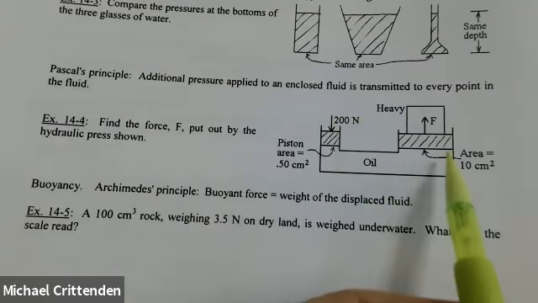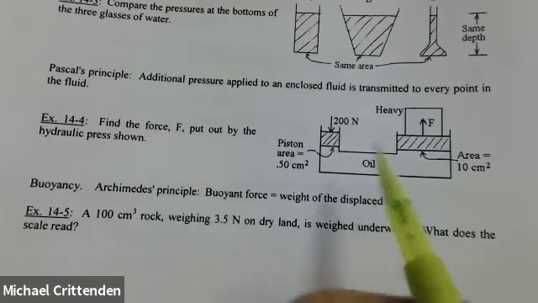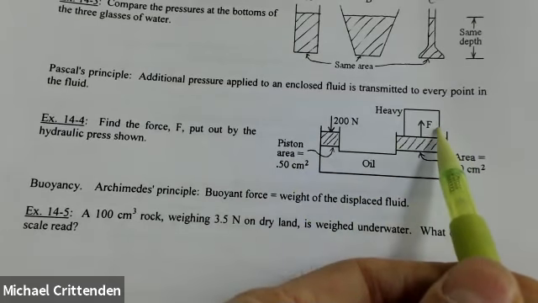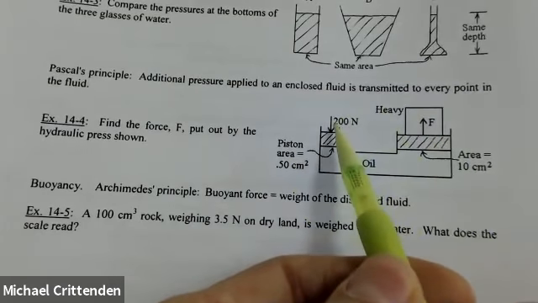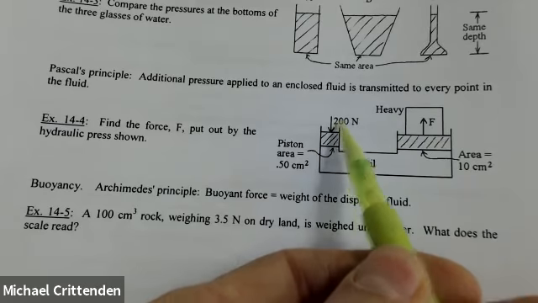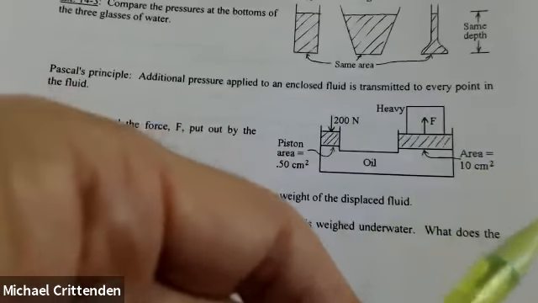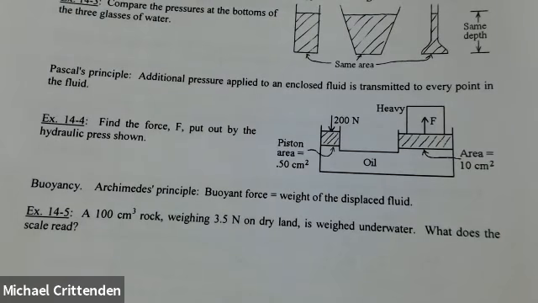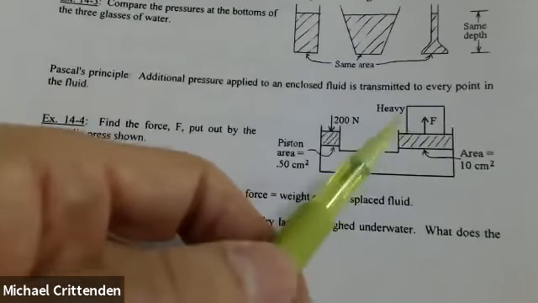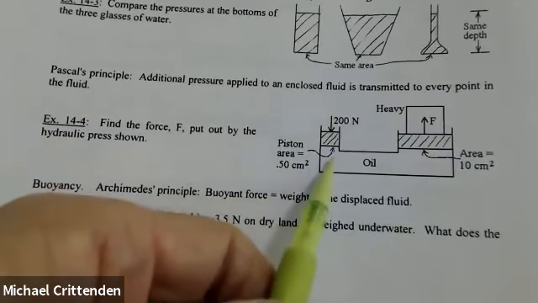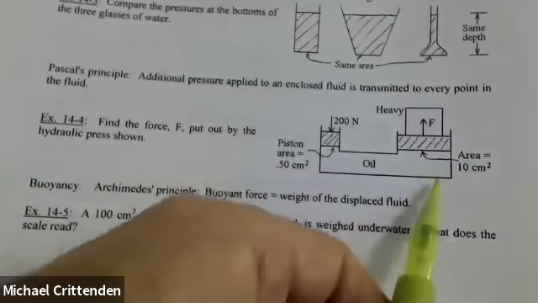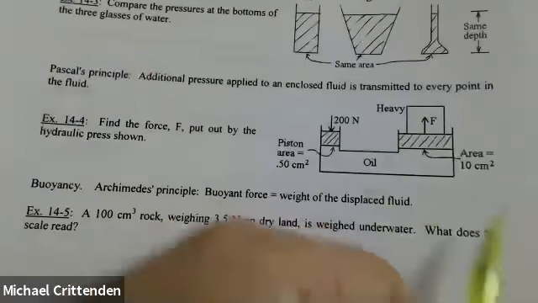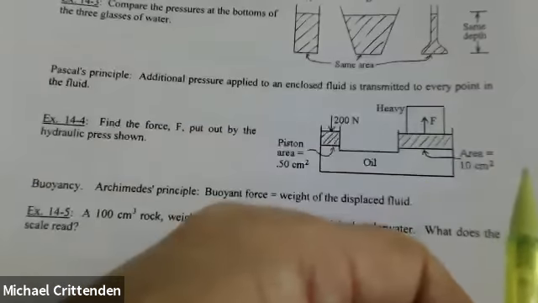So if this piston is 20 times bigger than that piston, this force will be 20 times bigger than that force in order to still have the same ratio. Force per unit area, F and A, both 20 times bigger, you still have the same force per unit area. So little force divided by a little area, big force divided by a big area, same pressure. That's how a hydraulic press multiplies force for you.